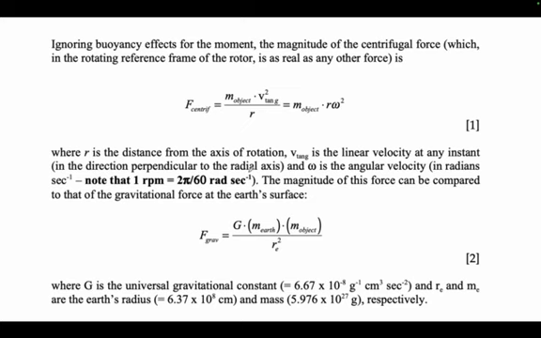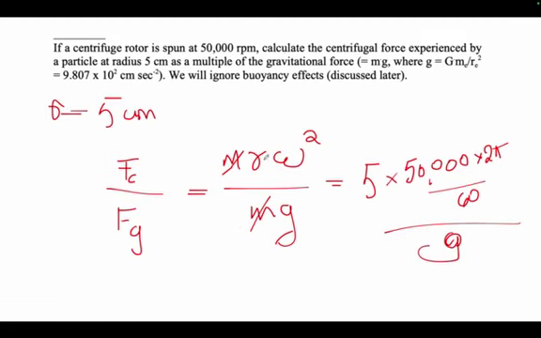So we know that the formula for centrifugal force is mr omega square. And we know the formula for gravitational force is mg, where m is the mass of the particle. So because mass is in the numerator and denominator, I've just cut it.